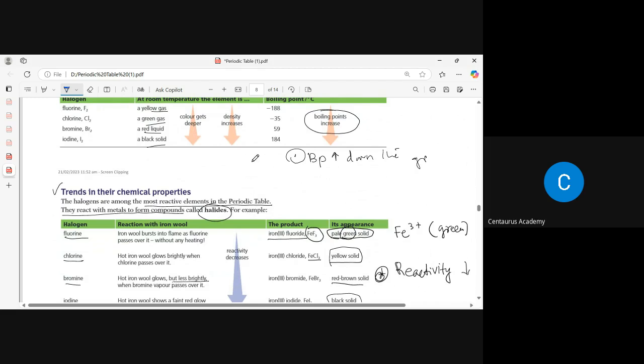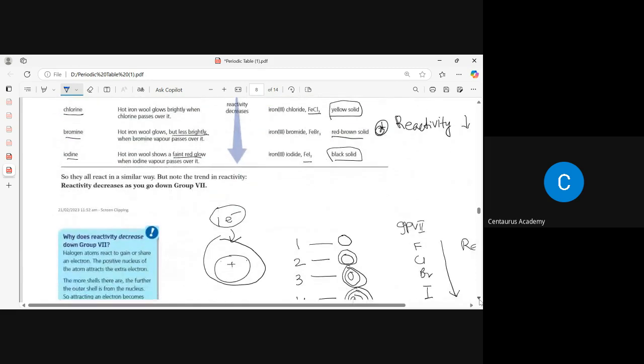The change of state also means that the boiling point increases. Why? Because the intermolecular forces of attraction are getting stronger. The stronger the intermolecular forces of attraction, the boiling point is also going to increase as we go down the group.